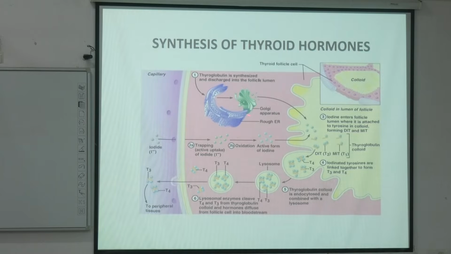This is the surface within the cell where MIT and DIT are formed, and thyroid peroxidase is present in this area. Once T3 and T4 are formed, there is pinocytosis by these cells, and this fuses with the lysosome and undergoes hydrolysis, and T3 and T4 are released.